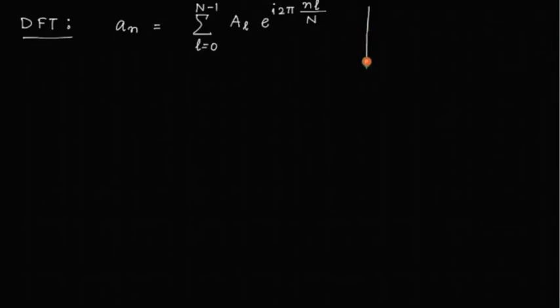this function, if you call it a function, these values of a_n, they are kind of periodic. So let's calculate what is a_(n+N). So this is for a particular value of l, which is summed over, for all values of l. So a_(n+N), I have to sum over l, obviously.